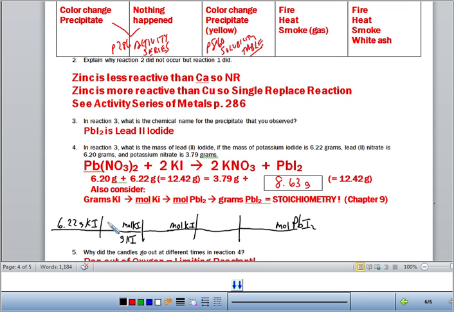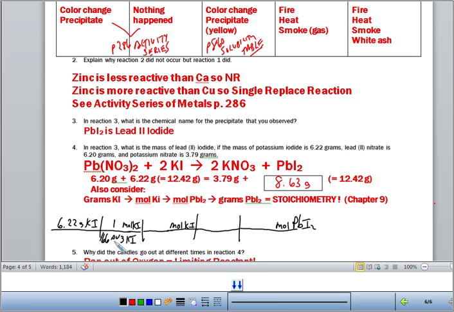And so what is the molar mass of potassium iodide? 1 mole of potassium iodide per 39.10, right? Oh, sorry. That's potassium. It's 39.10 plus 126.90. Isn't it 166.00?